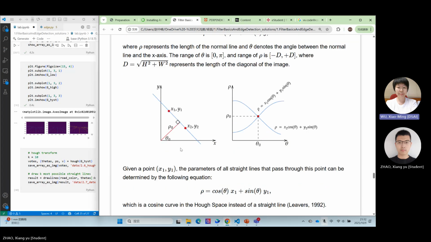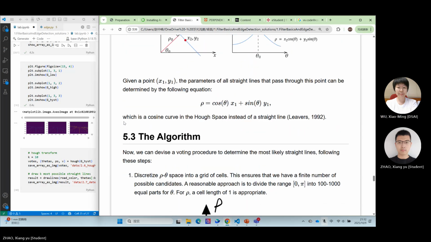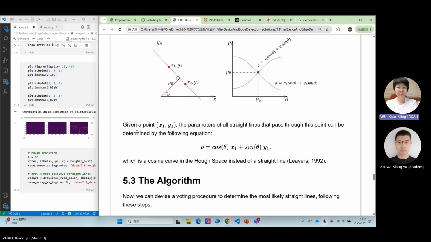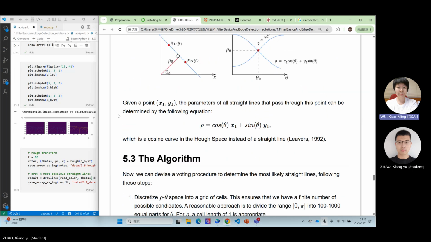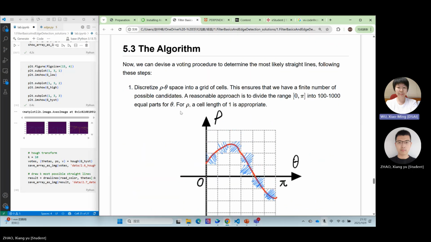You can see an example like this. x1, y1 is the lower curve, and x2, y2 is the upper curve, or we can see the cosine curve. After you have transferred the image into the Hough space, you get this result.